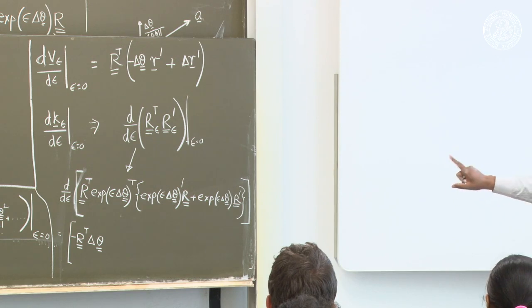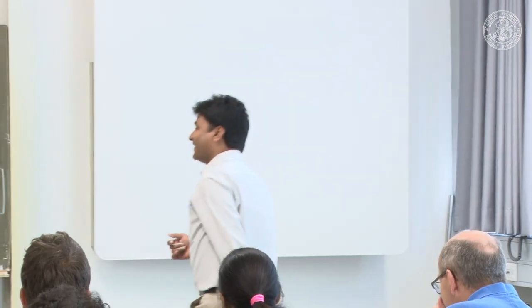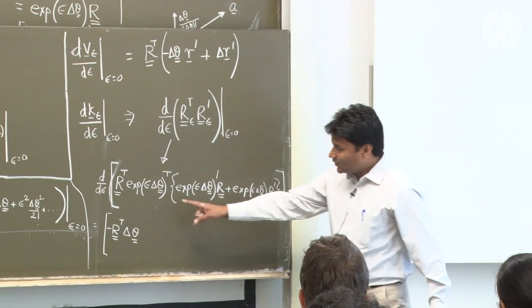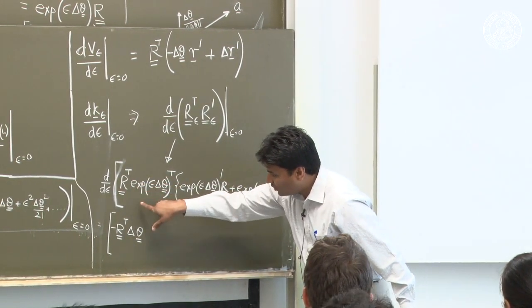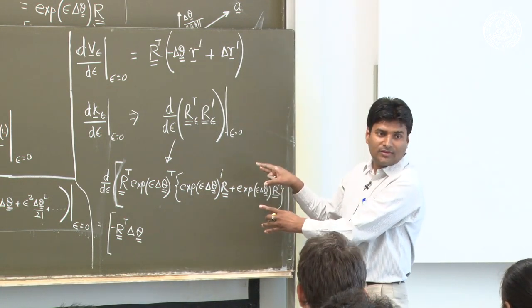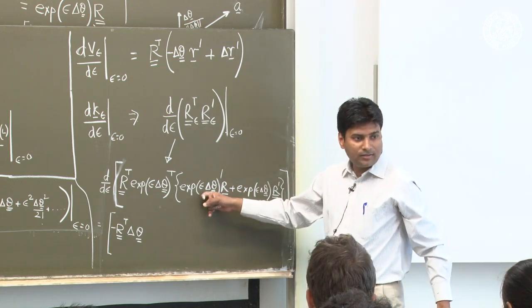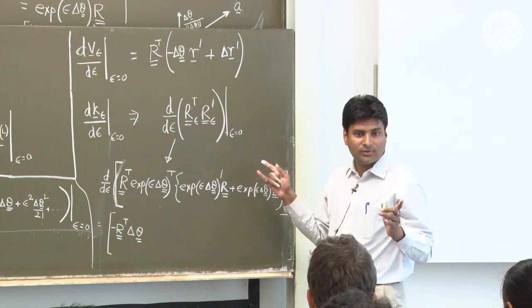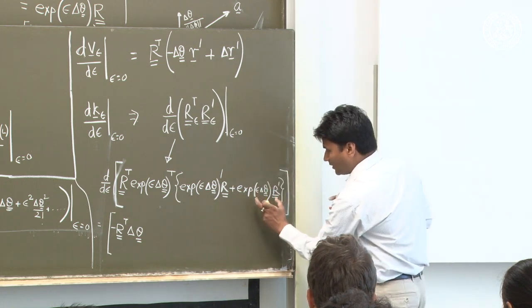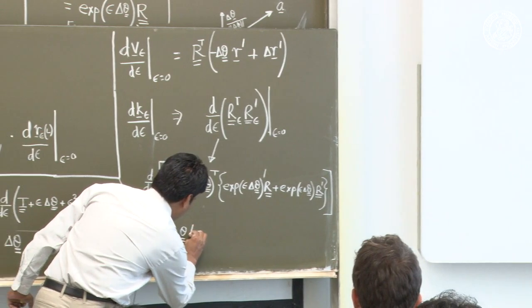So the other one we don't have to differentiate with epsilon. But when you put epsilon equal to 0, this is identity, take the prime, 0. Okay, so this is not there, and this is simply big R prime.